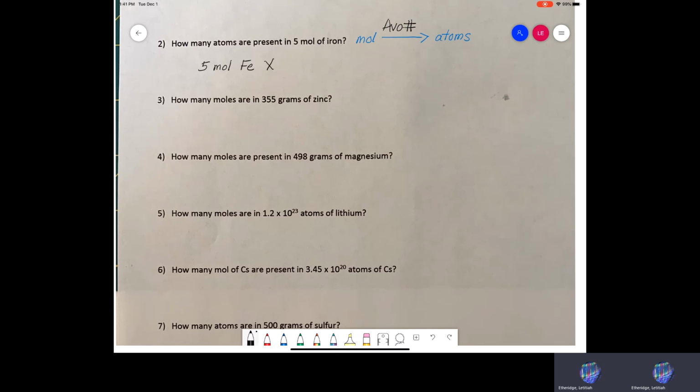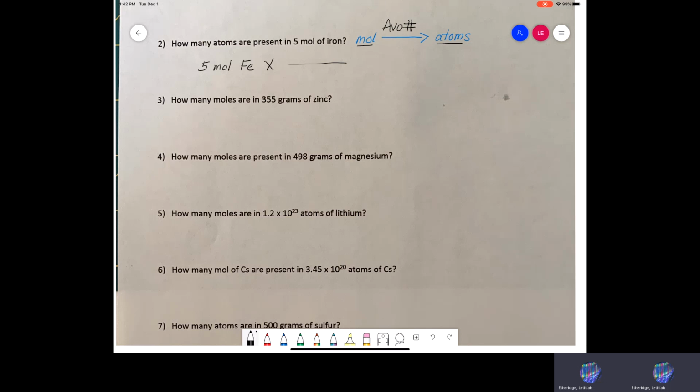So what I'll always do is I will just draw a line here. Now I need to say to myself, I need moles to go away because I am starting with moles trying to get to atoms. So somehow moles has to disappear, and then I have to convert it to atoms, and we're going to use Avogadro's number.